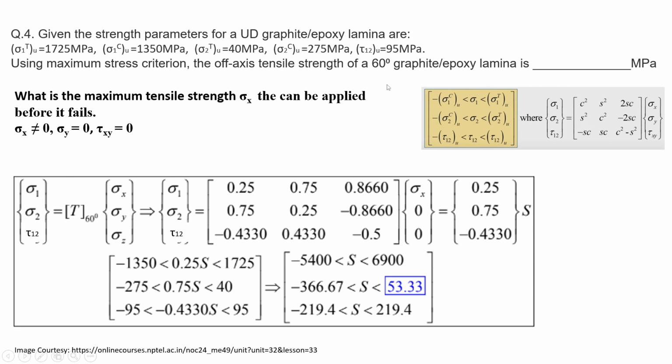As the angle is given as 60 degrees, we can get the transformation matrix, and we will multiply it with the stress in the x direction, and all the other stresses are equal to 0.